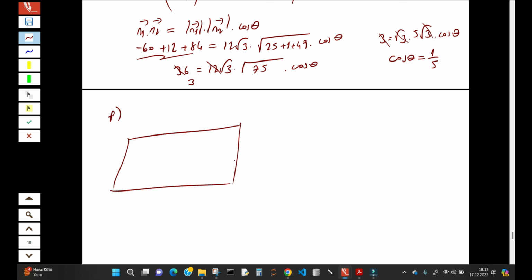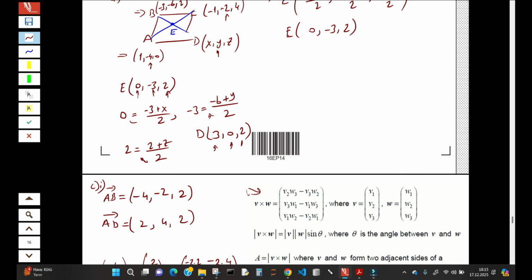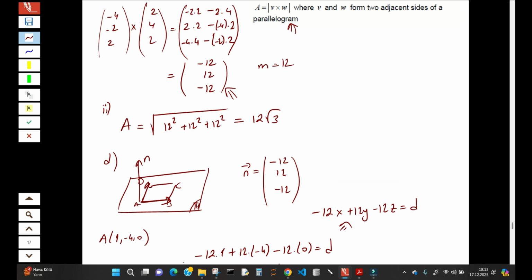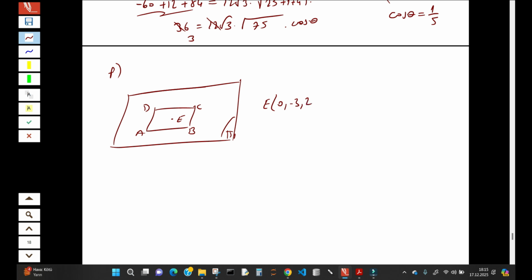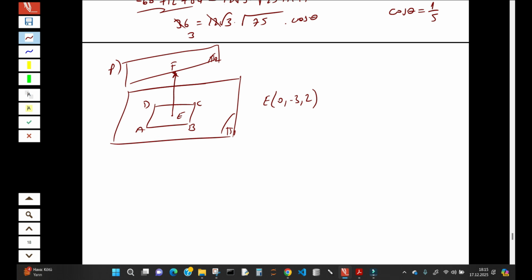There is pi 1, and the parallelogram inside of this, and the point E is the intersection of this diagonal, and we know that the point A is here, 0, minus 3, 2, and L passes through this point. It is perpendicular to the plane pi 1, and it passes through the point F, which is on the plane pi 2. We will find the point F, right?